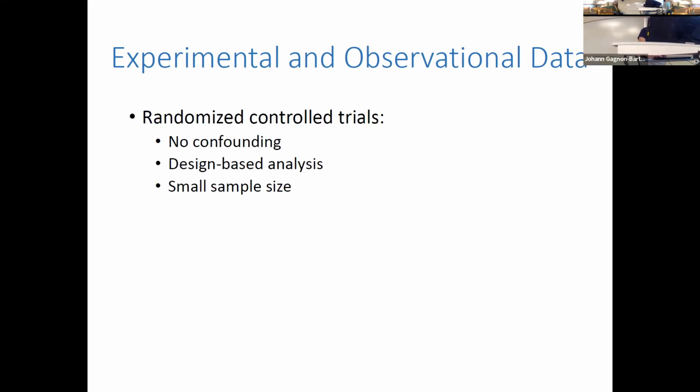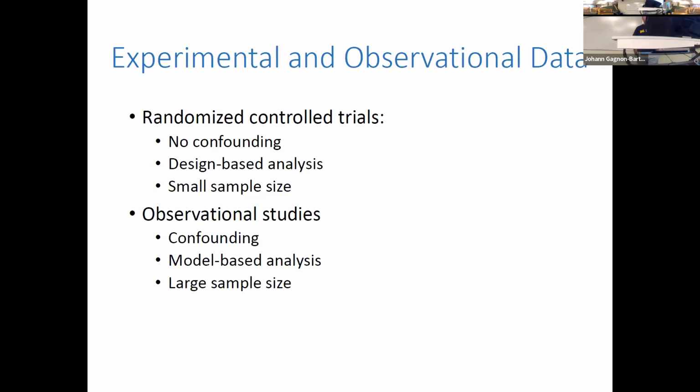So this brings up differences between experimental and observational data in general. I'll summarize. Randomized trials are very nice because you don't have to worry about confounding. That's the main reason that they exist. Also very nice because they allow you to do design-based analysis. I'll say several slides from now a little bit more exactly what I mean by this. But on the negative side, very often you're dealing with relatively small sample sizes.